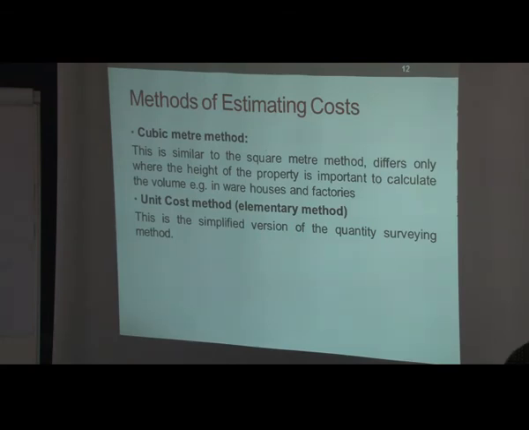Then there is lastly the unit cost method, or sometimes referred to as the elemental method. This is a simplified version of the quantity surveying method.